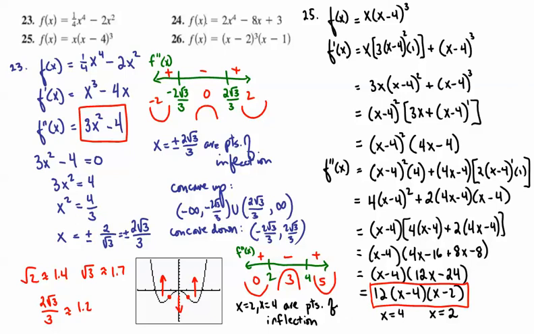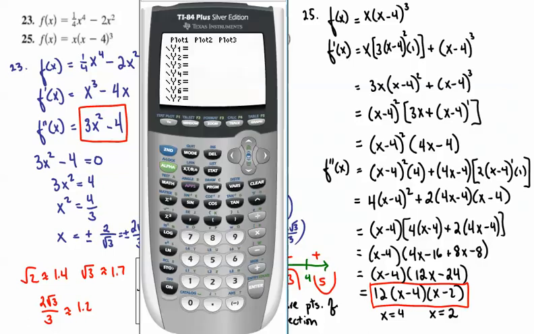Now I'll bring up the graphing calculator. I don't know that I have room to actually store any of this, but we'll see. So for number 25, we have x times the quantity (x minus 4) to the third power, and we'll zoom standard and see what we get.